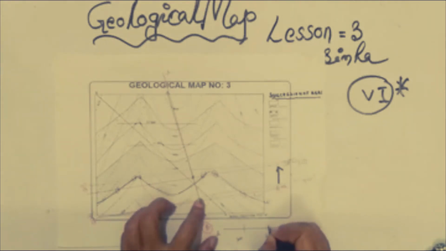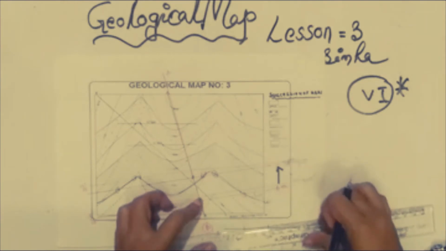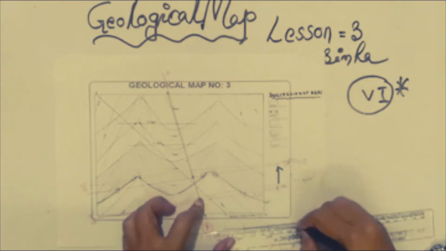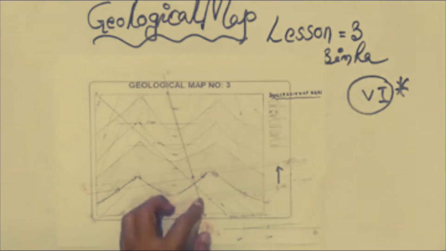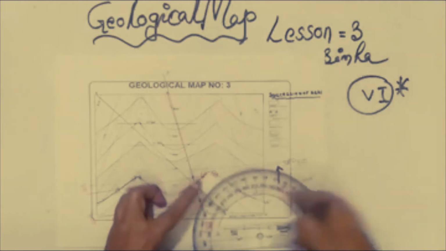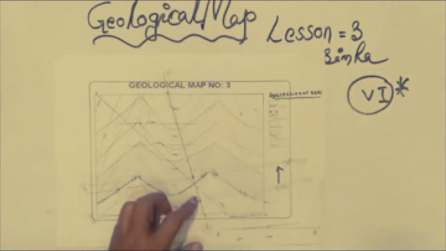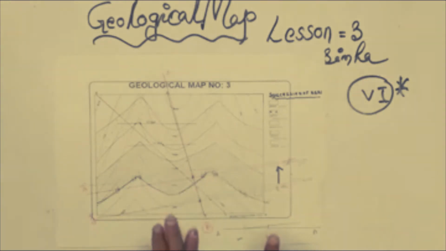Suppose this is 0.1 inch. Then we can measure this angle with the help of a protector, just put the zero line in here, and with the help of the protector, you can measure the value of dip. This dip is the apparent dip.